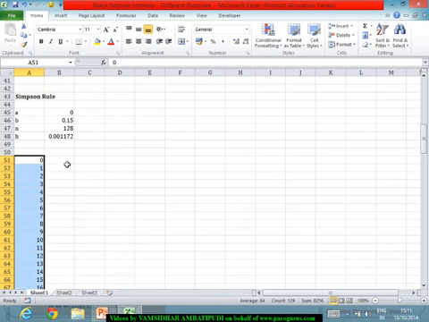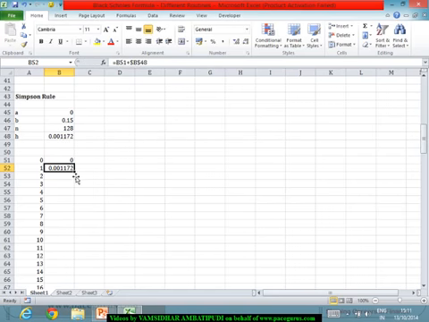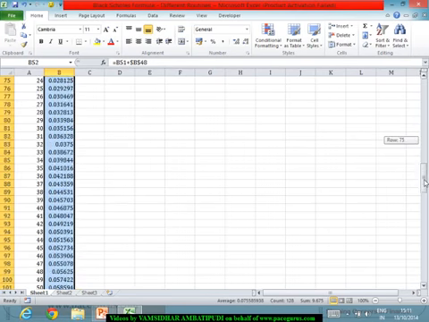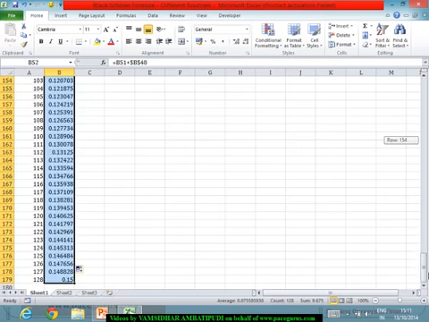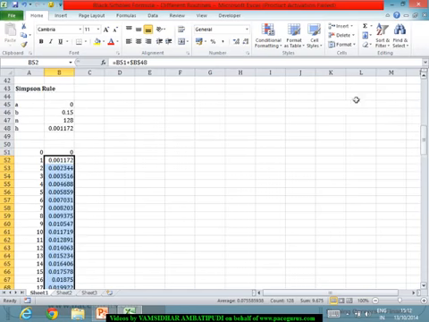So A0 is like 0. But from the next one onwards, I am incrementing this with the H value. So this is becoming my A1, and from there it is going on to A2, up to 128, which should become 0.15, which is the B. Alright, so that is one more input.